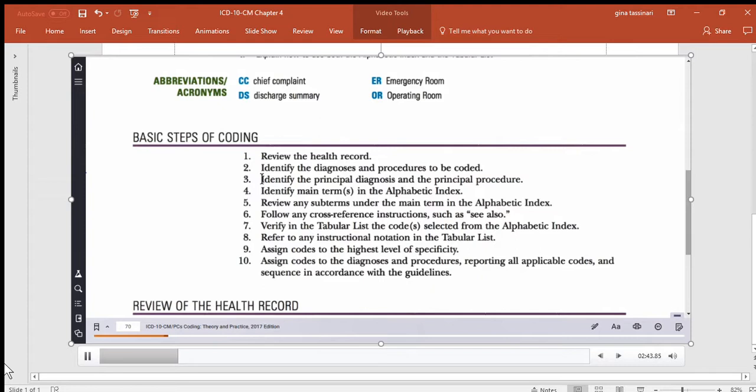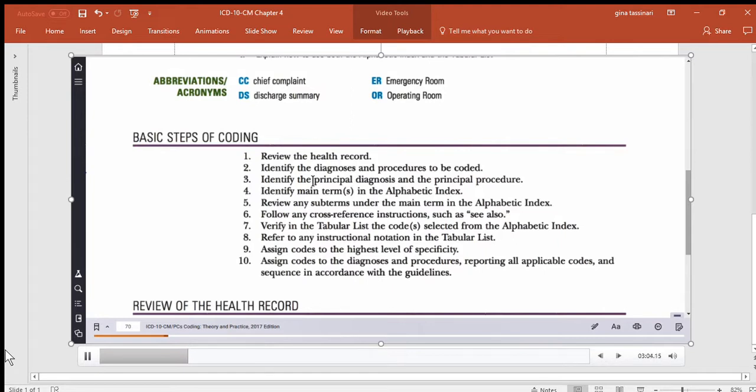CPT has all of your outpatient codes in them. PCS is only your inpatient codes. Now, when you're talking about outpatient, I just want to point out that in that situation, they don't call the principal diagnosis the principal diagnosis. They call it the primary diagnosis.